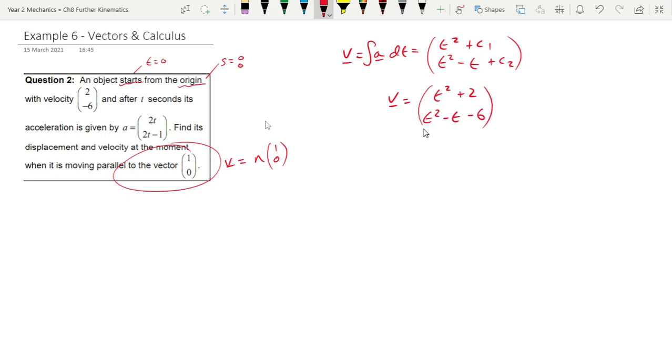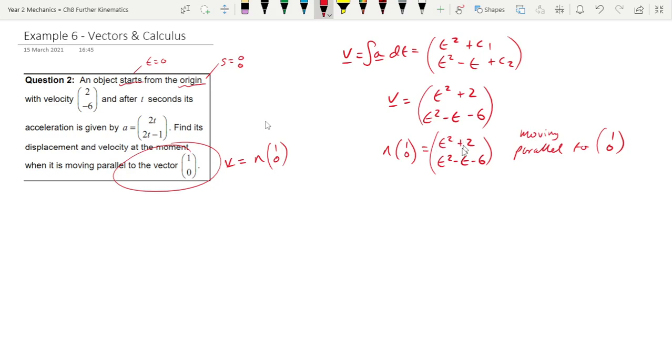Now we've got to find out when is it moving parallel to 1, 0. So I can set the velocity equal to n times 1, 0. Okay, like that. So this means parallel to 1, 0. Now I've got an equation at the top.